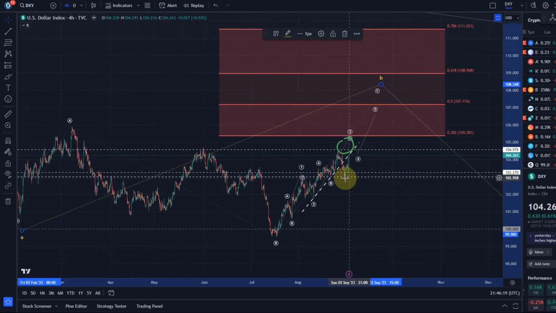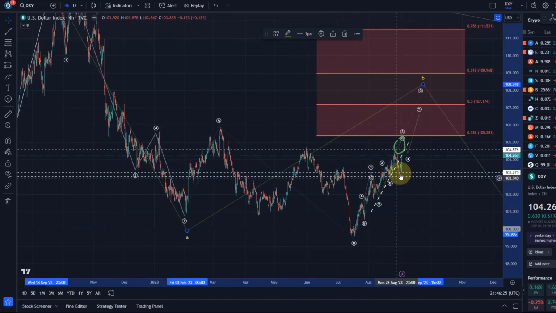So for me at the moment, the key is to watch for the $103 level support. Until then, we can go higher. And this is the general resistance range for the higher B wave. Looking at potential targets here: $105.38, $107.17, and basically $109.